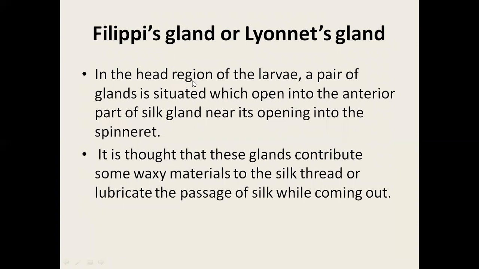It is thought that these glands contribute some waxy material to the silk thread or lubricate the passage of silk while coming out. This is the working nature of Filippi's glands.